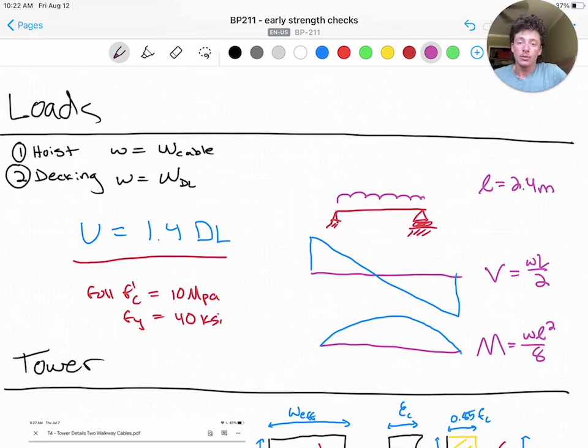And we're also just going to be performing strength checks. We won't be looking at serviceability checks. And the items we're going to check again are tower moment capacity, anchor beam flexural capacity, anchor beam shear capacity, and the bearing of the cables on the anchor, or the pullout.